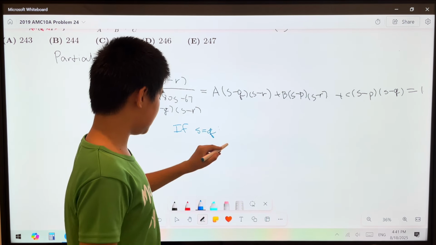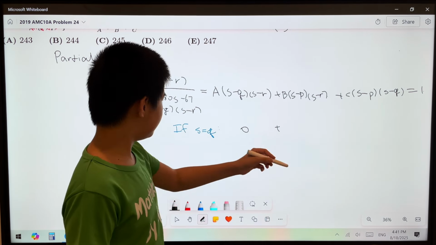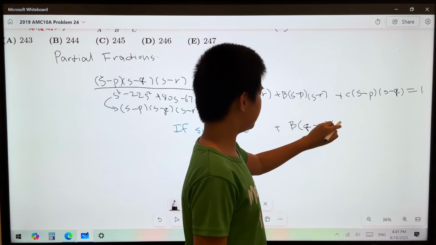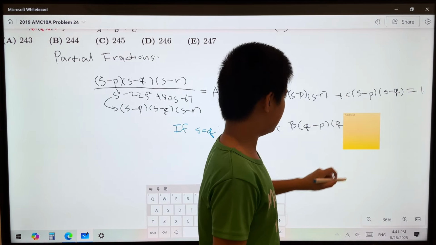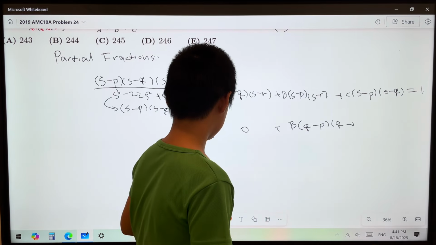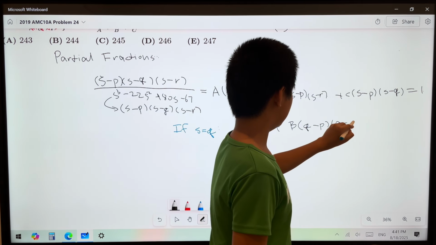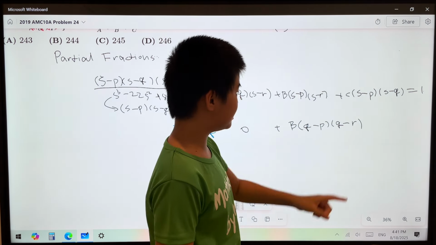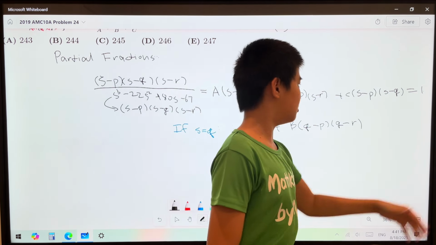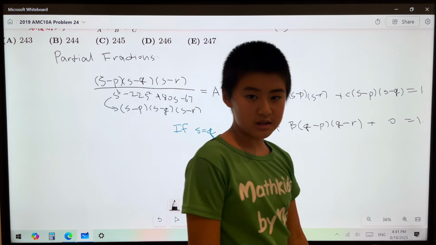So you get 0, plus b times (q minus p)(q minus r). And c times (q minus p)(q minus q) is also 0. So plus 0, equals 1.